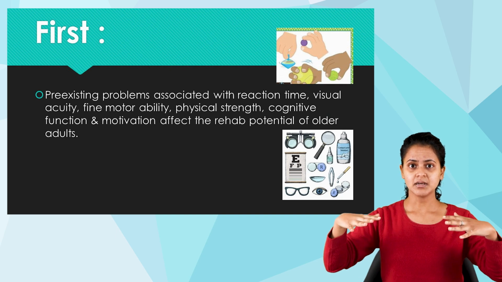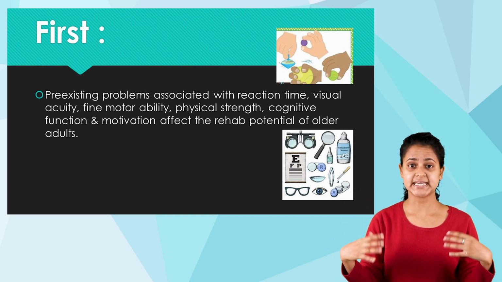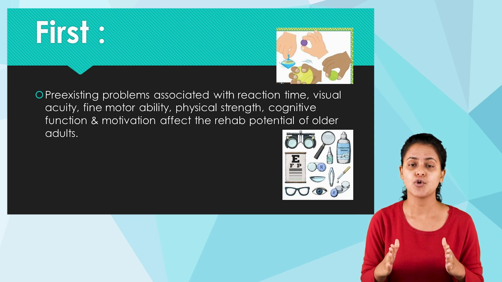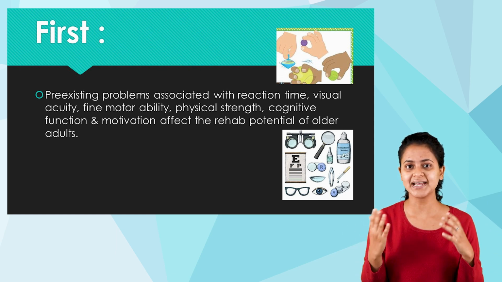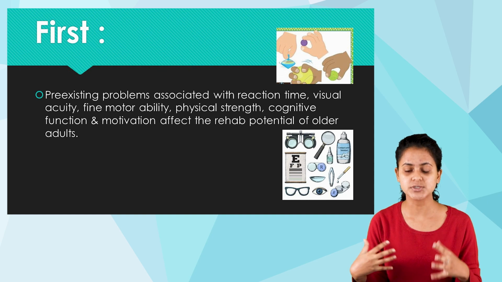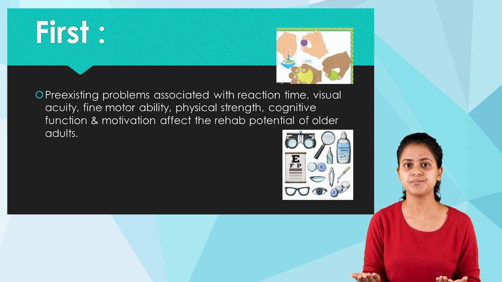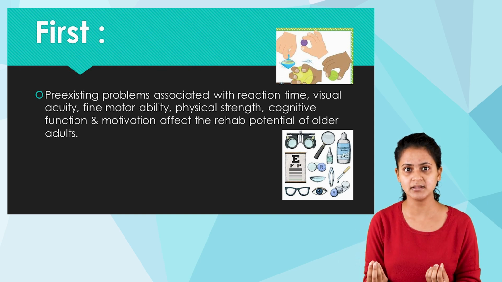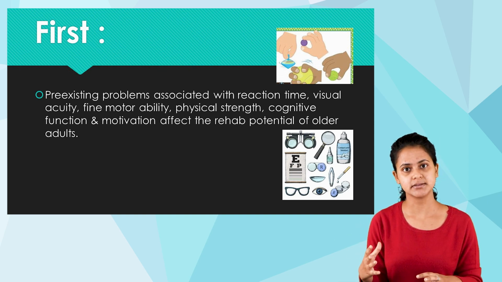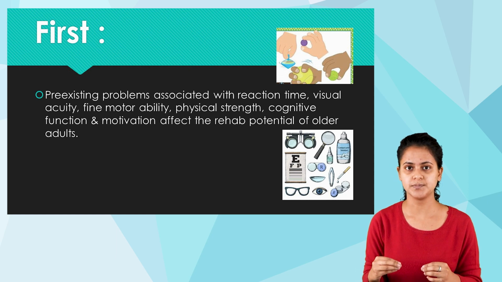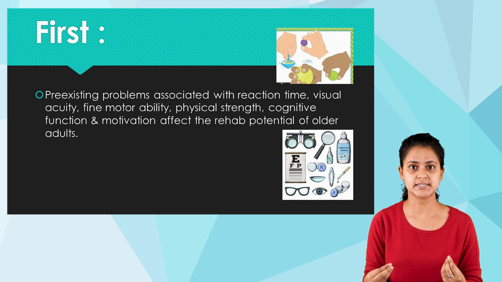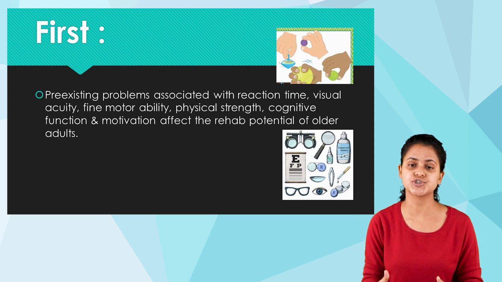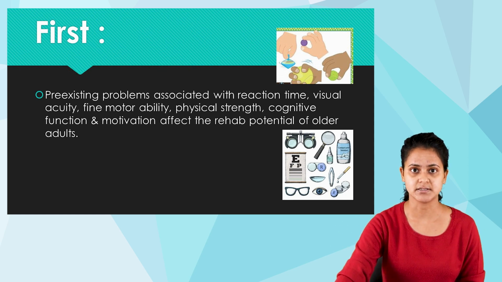So while assessing a client or taking care of a client in a rehabilitation center, definitely first we should identify the pre-existing problems associated with reaction time, visual acuity, fine motor skill, physical strength, cognitive function, and motivational effect regarding the rehab potential of the older adults.